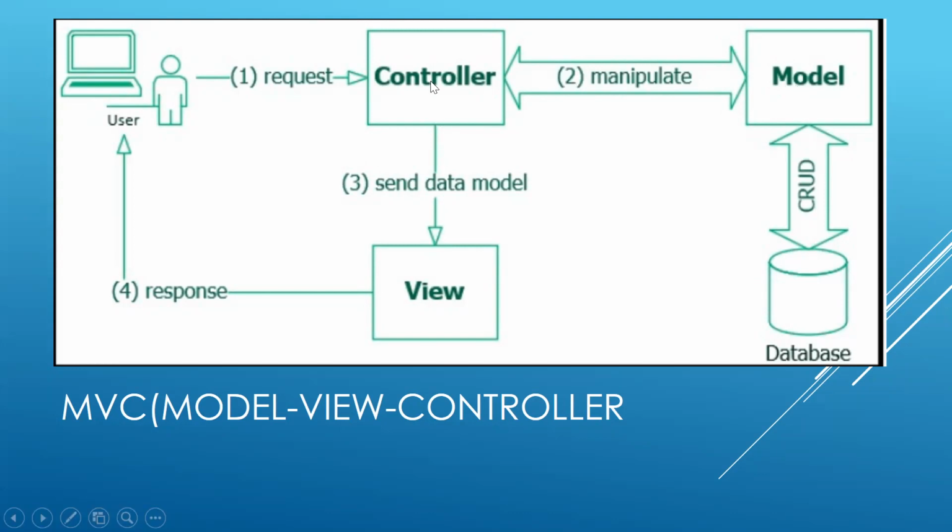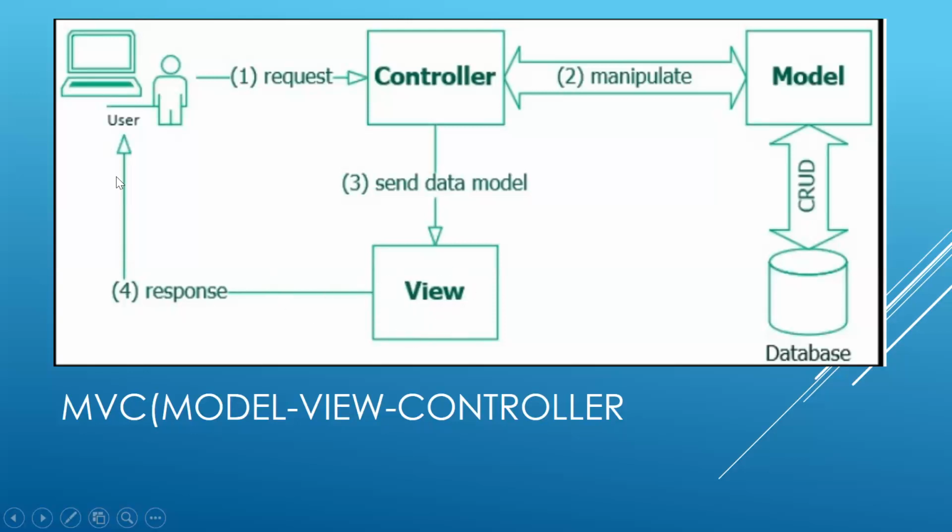The controller receives the processed data from the model and passes it to the view, sending data from the model to the view. You can see here, the view uses the data from the controller to display the corresponding view.